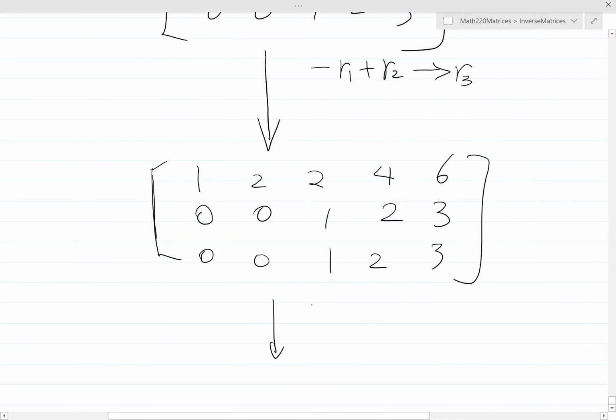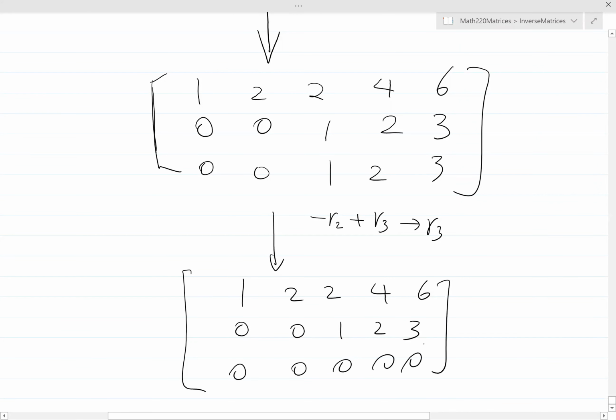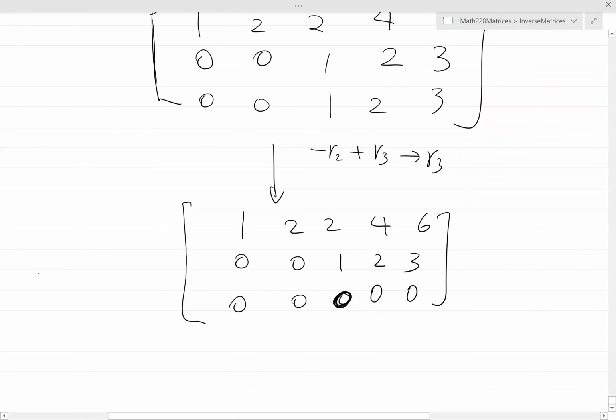You do negative R2 plus R3, replace R3. So you see we have 1, 2, 2, 4, 6, 0, 0, 1, 2, 3, 0, 0, 0, 0, 0. Okay. So you see, essentially we have only 2 linearly independent vectors. So we have 2 non-zero vectors.